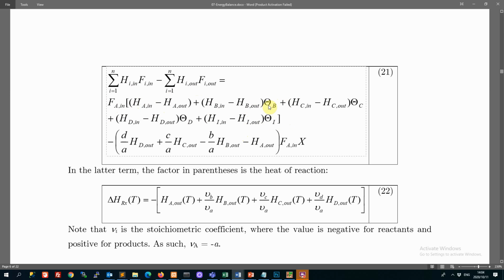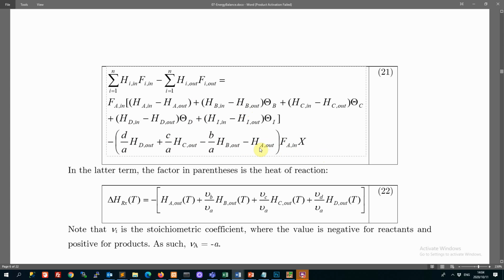So you could also just say, well, instead of theta B F A in, I could just call that F B in and then times that enthalpy difference. And then you have this extra term building up here. So for component A, simply F A in X. For the other terms, you can't say nu I over nu A equals 1. You can't say that for the other components, so you can't simplify these ones.